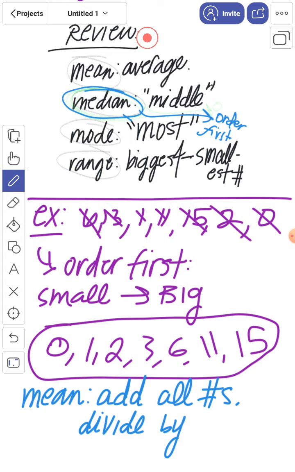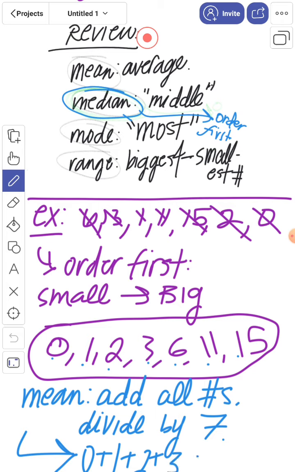So how many numbers are there? 1, 2, 3, 4, 5, 6, 7. Okay, so 0 plus 1 plus 2 plus 3 plus 6 plus 11 is 17. I just added those, plus 15.